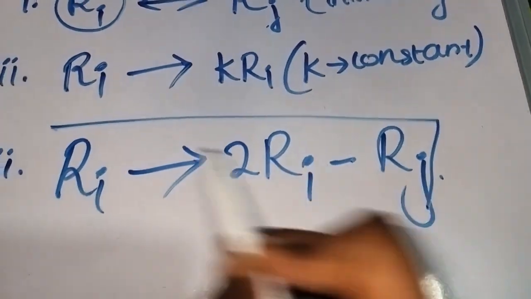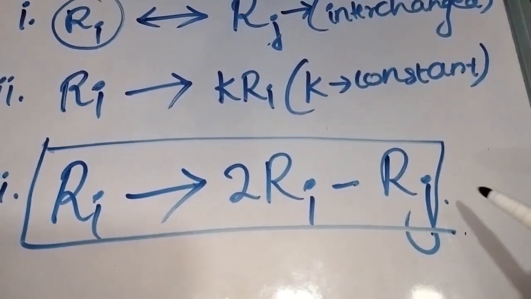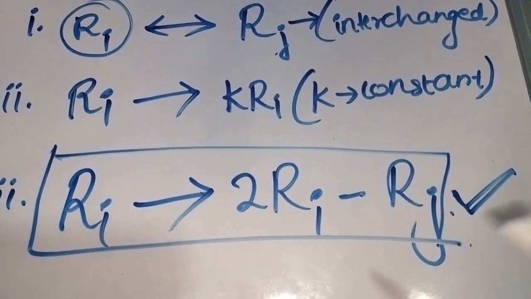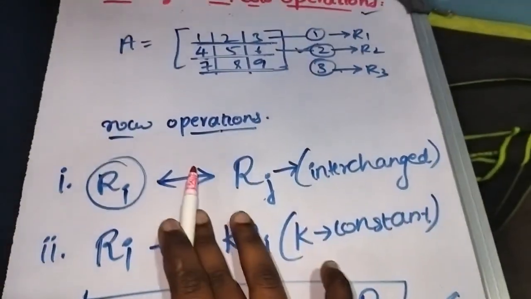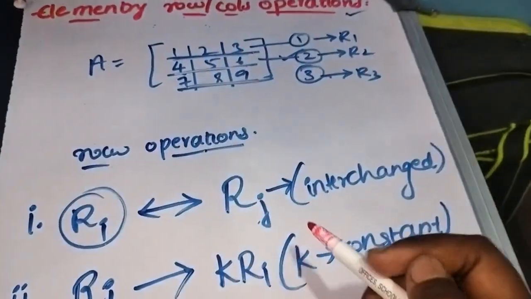This is a main part of the operations of the matrix, which are mainly used in the topics coming further in matrices. This is all about the row operations of the matrices.